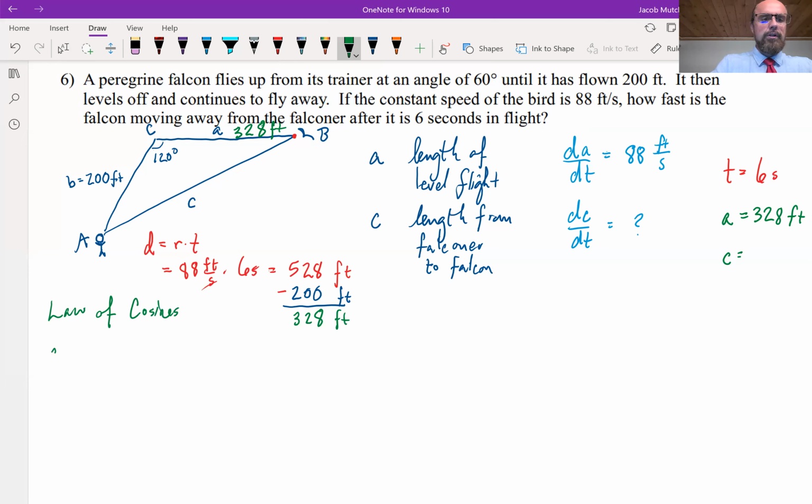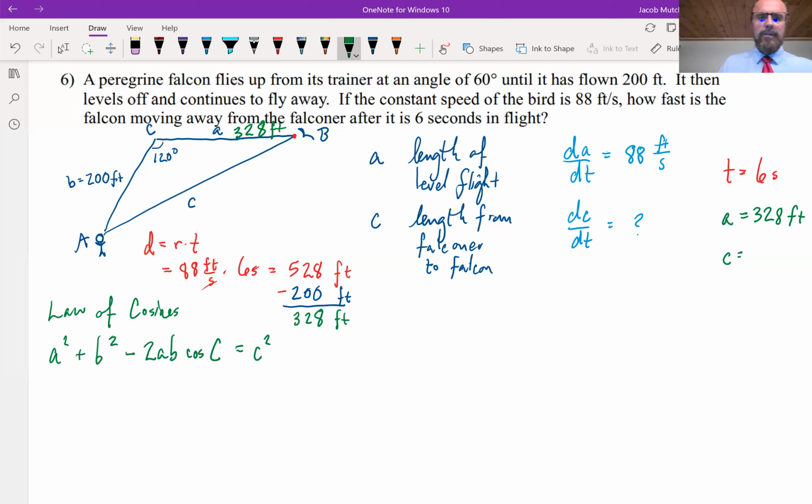So it really starts off the same, a squared plus b squared. But then to account for the non-90 degree angle, we would subtract the product 2ab times the cosine, which gives it the name law of cosines, cosine of C, and that would equal c squared. So it does have quite a bit in common with Pythagorean theorem.